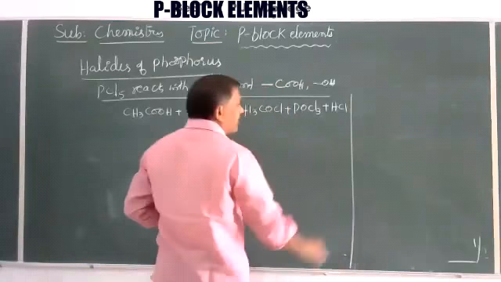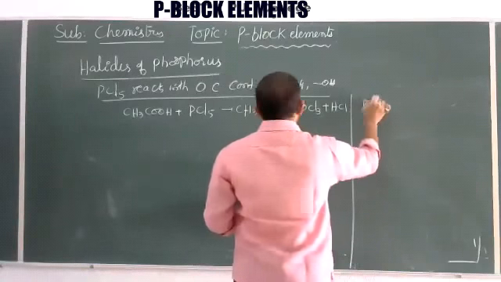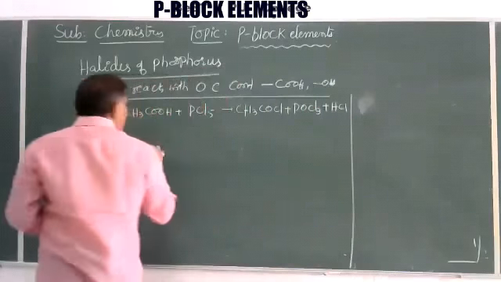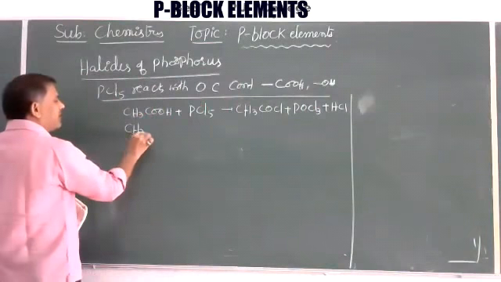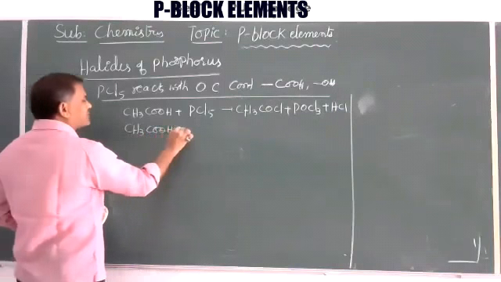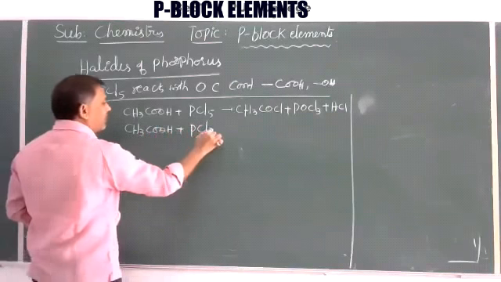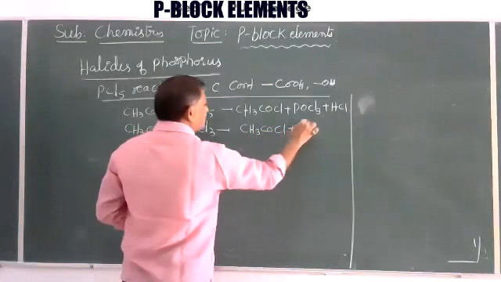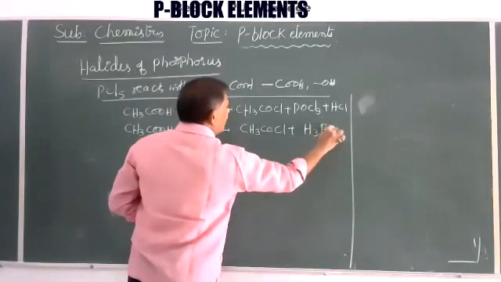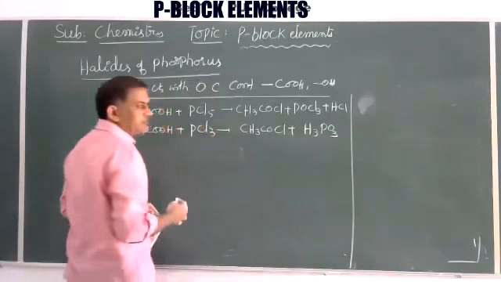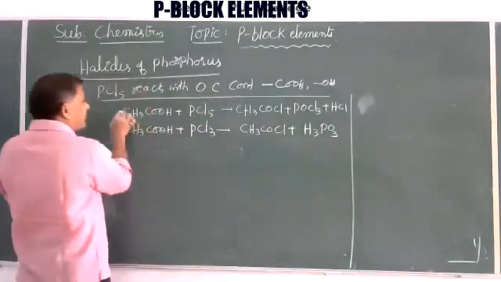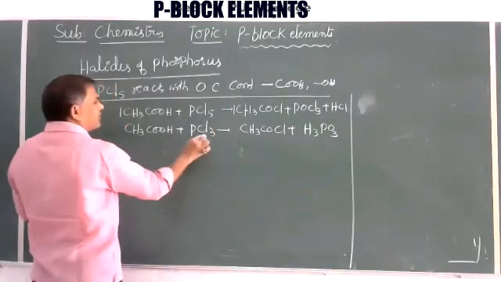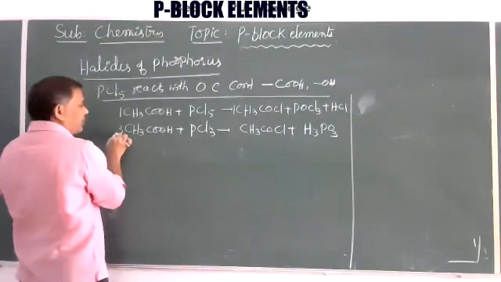So here I'll write CH3COOH reacted with PCl3 to compare. It gives CH3COCl plus H3PO3 is formed. The difference is here 1 mole, here 1 mole. Here 3 moles, that's why I take 3 moles.